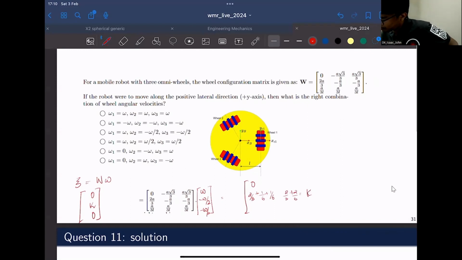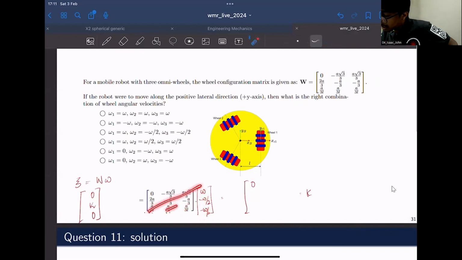And the third entry would be a by 3l minus a by 3l minus a by 3l. So these are identical. And this is 1, this is half, this is half.